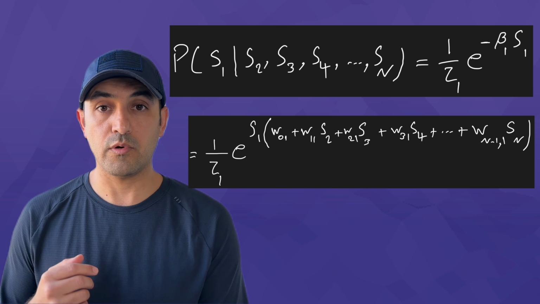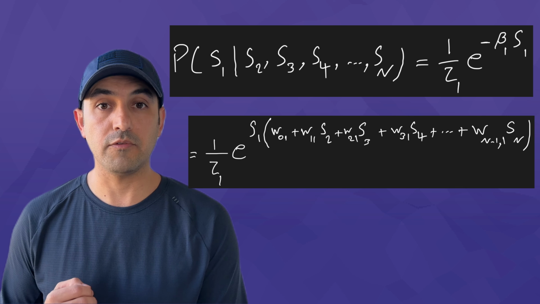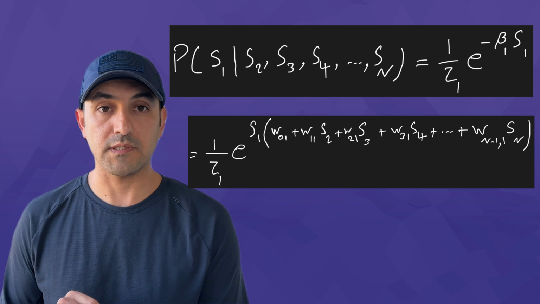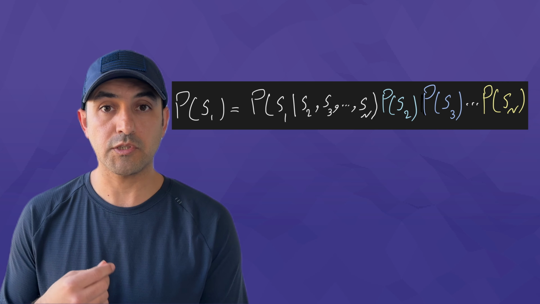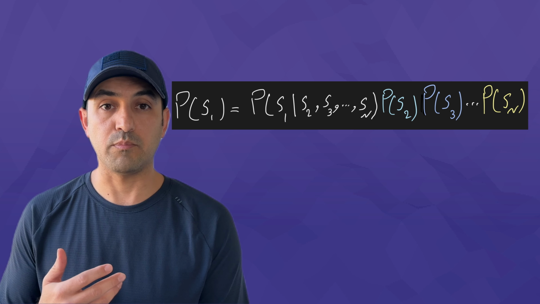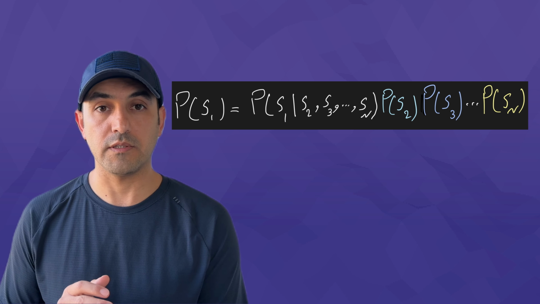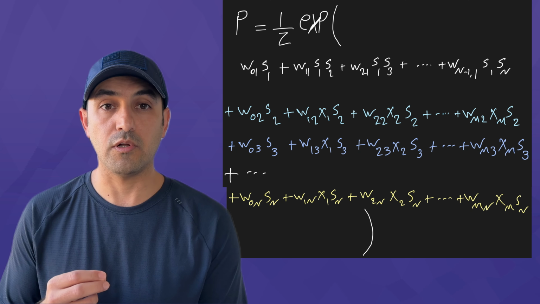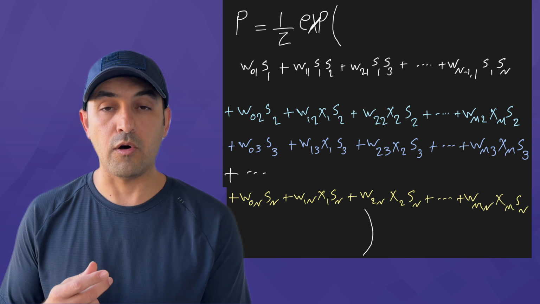Since each hidden neuron itself has a probability for its two activation states, the total probability of the system is just the multiplication of the output neuron's conditional probability times the probabilities of each of the hidden neurons. We know that the multiplication of a bunch of exponentials is equal to the exponential of the sum of their arguments.